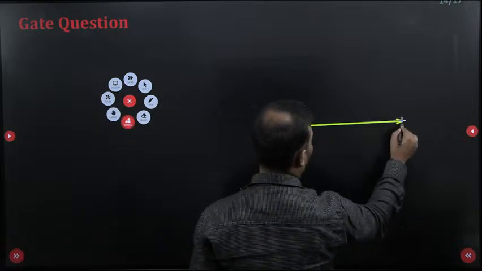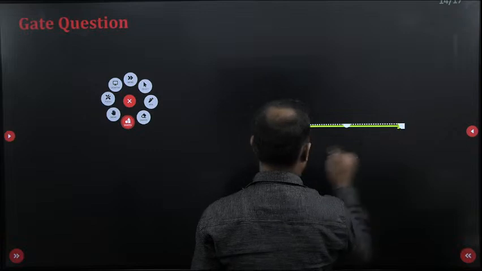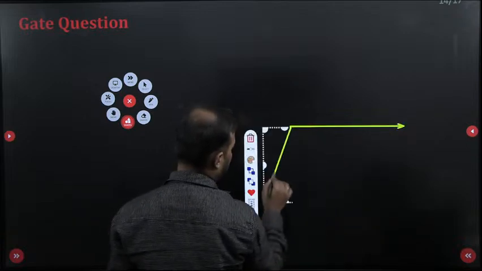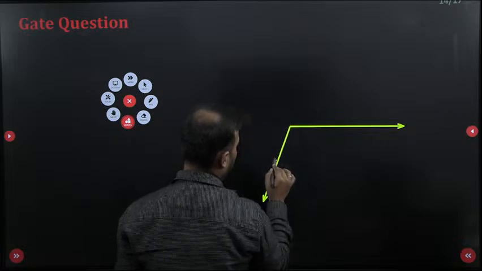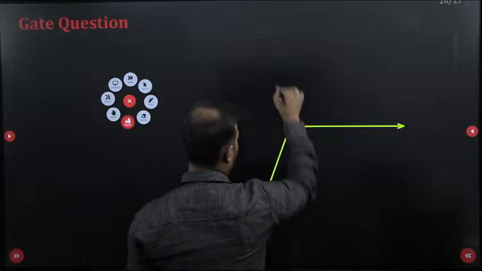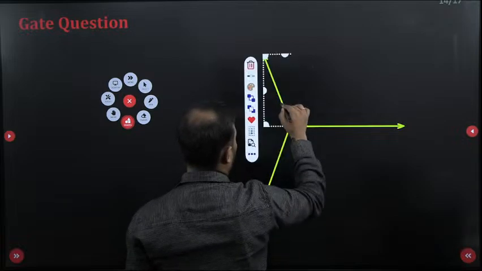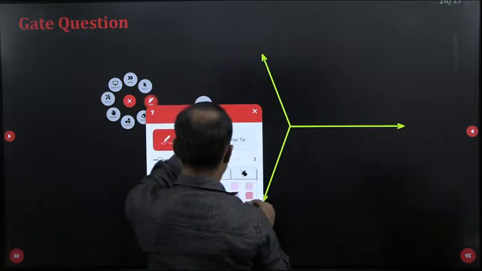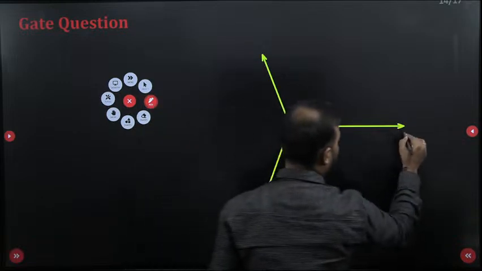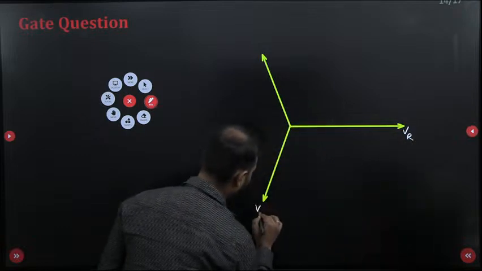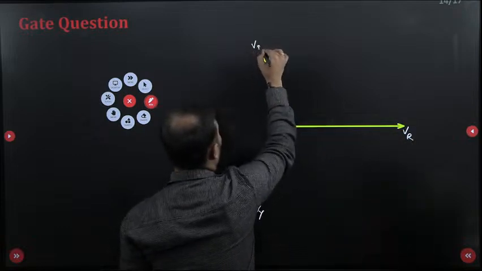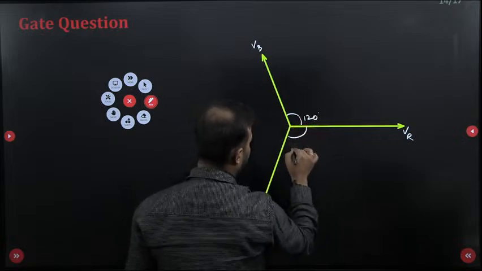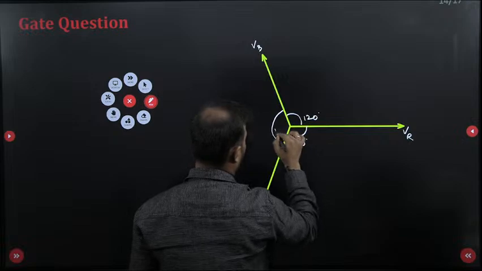So let me take VR here, VY, and this is VB, and all the angles are 120 degree.